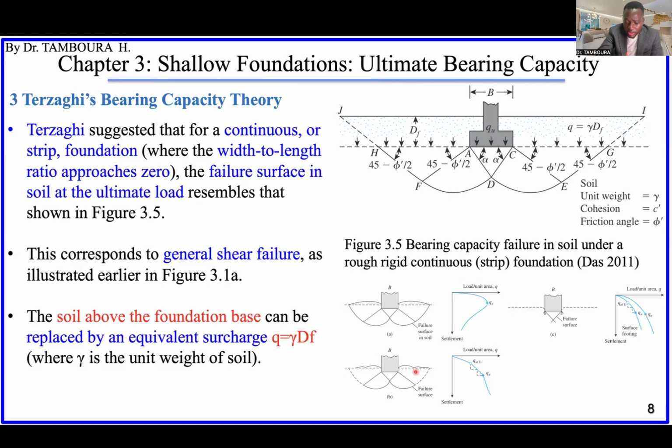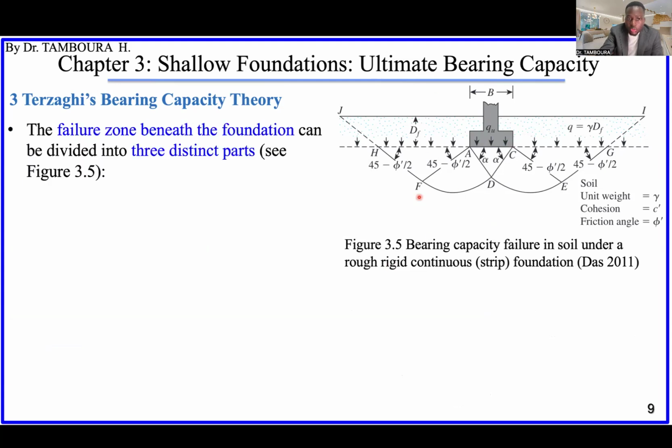In Terzaghi's assumption, general shear failure happens for strip footing. The failure zone beneath the foundation can be divided into three parts, which we will describe soon. This is the foundation.